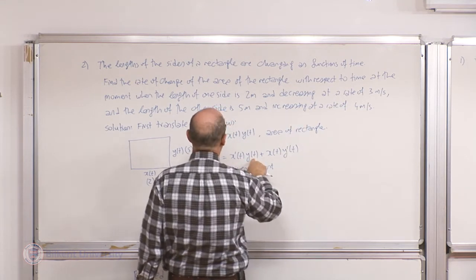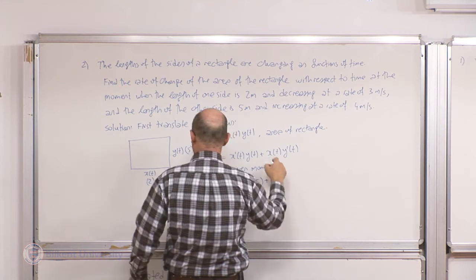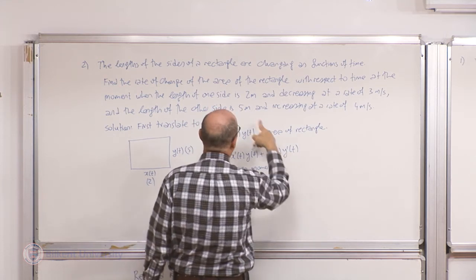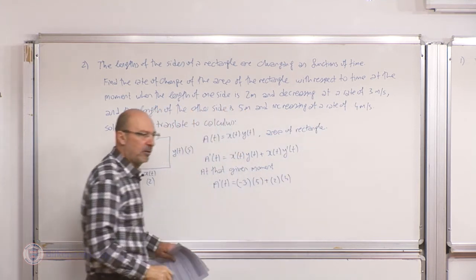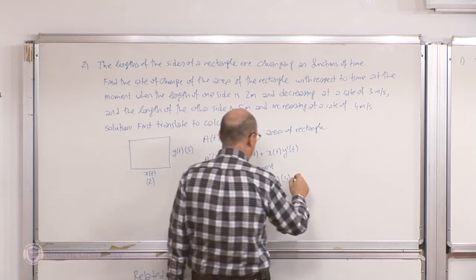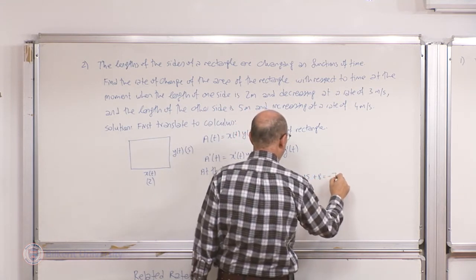Okay, and y is 5 plus x is 2 and y prime is increasing, so this is 4. Okay, so this is minus 15 plus 8 equals minus 7.